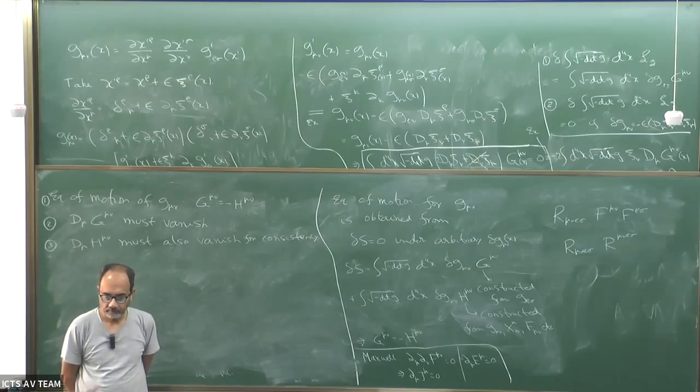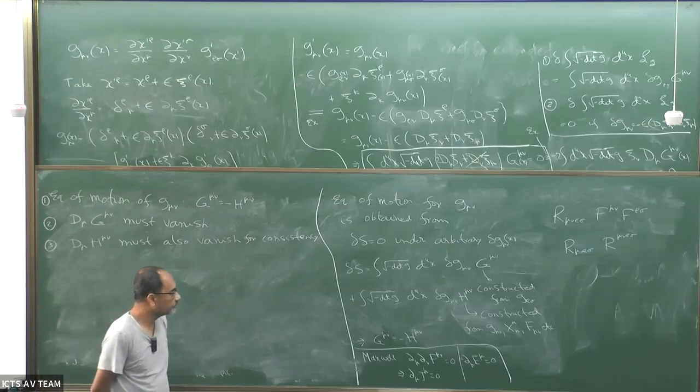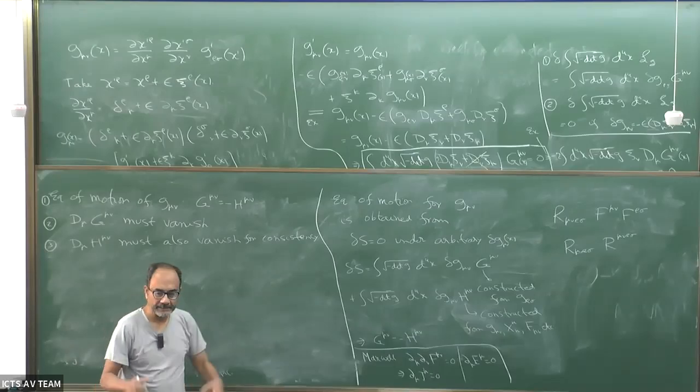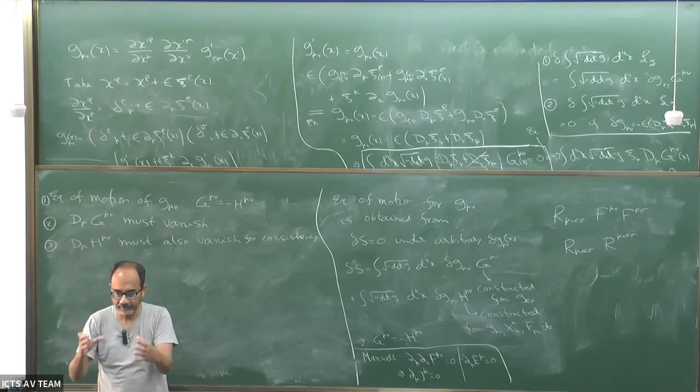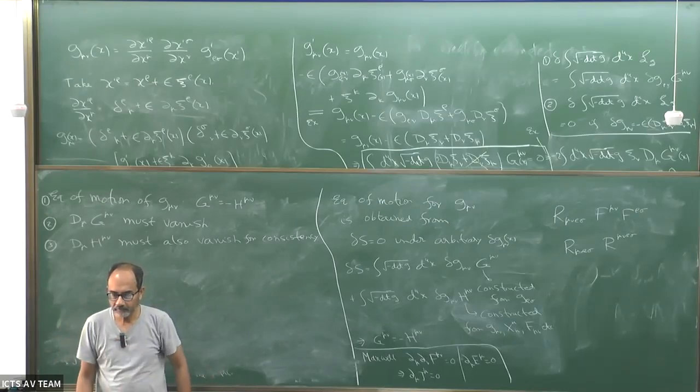But if we start with this action, we will end up with something like d mu minus plus d mu h. I'm saying that individually, the first term and the second term are general coordinate invariant. Yes. But both of them are expected to be general coordinate invariant. Yes. But the second one, right?